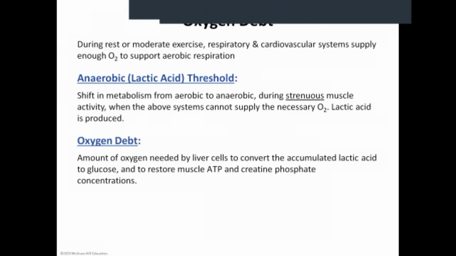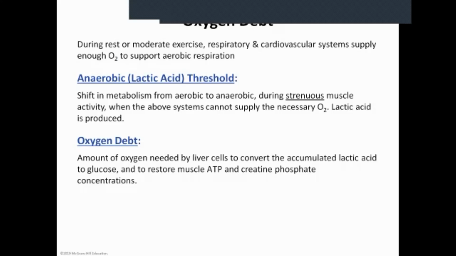And instead of having that pyruvic acid go through the Krebs cycle and into the electron transport chain, you end up producing high amounts of lactic acid. And so we call this oxygen debt.